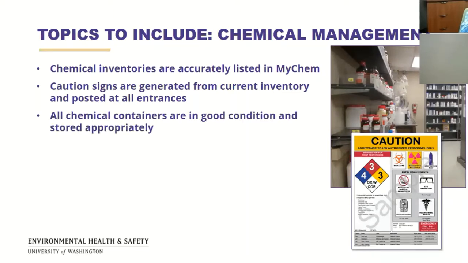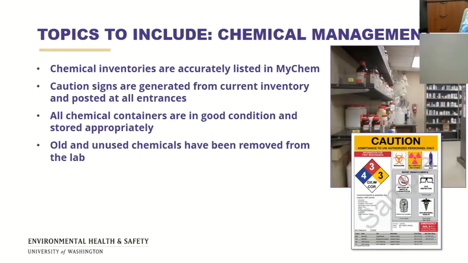Check to see if chemical containers are still in good condition and stored in the appropriate locations. And make sure that old and unused chemicals have been removed from your lab or that you have a plan in place to dispose of them appropriately.